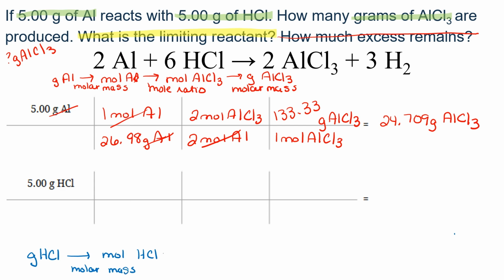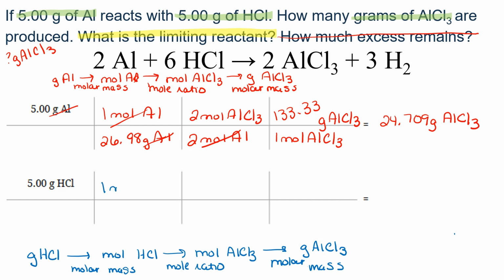I'm going to then convert my moles of hydrochloric acid to moles of aluminum chloride using my mole ratio. And then I'm going to convert to grams of aluminum chloride using the molar mass of aluminum chloride. So I'm starting with 5 grams of hydrochloric acid.